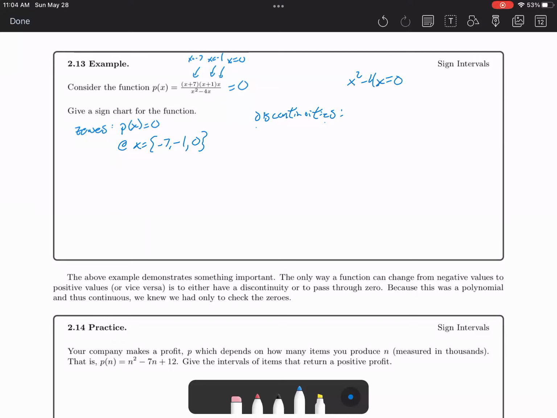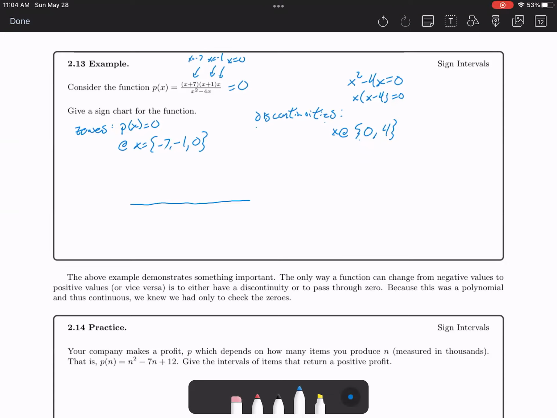It might be removable or non-removable. So when we solve this, we factor that x out. You get x minus 4 is equal to 0. So the two places are at 0 and positive 4. So in fact, you do see that x is equal to 0 is a removable discontinuity. It was a 0 of your numerator and it was a 0 of your denominator. But that's neither here nor there.